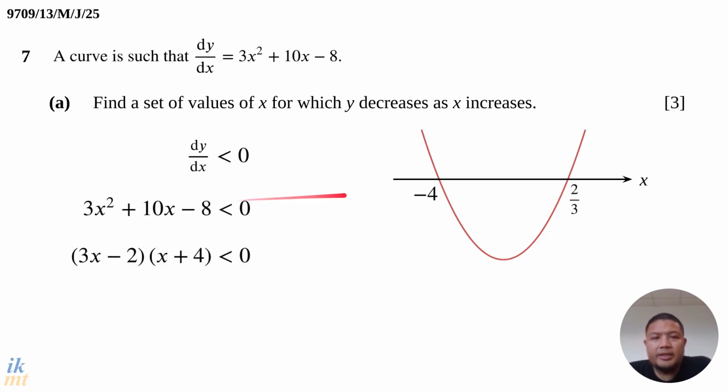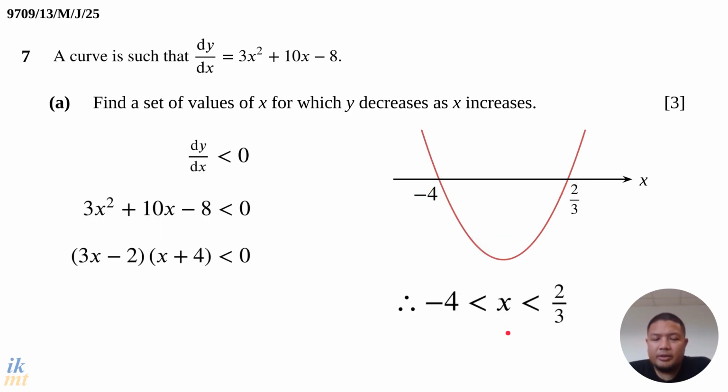Less than 0 means we want the part of the quadratic curve that is below the x-axis, and the part of the quadratic curve that is below the x-axis is this part. So what values of x gives you this part of the curve? That will be the values of x that are in between negative 4 and 2 over 3.